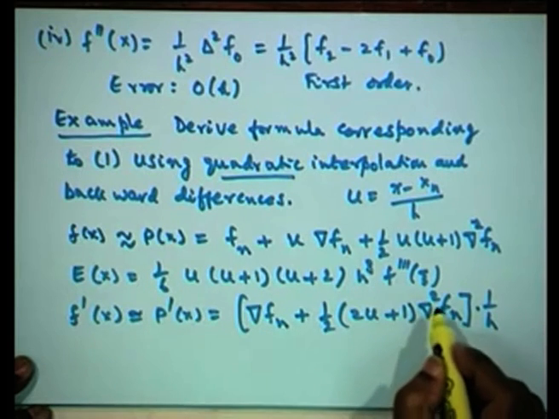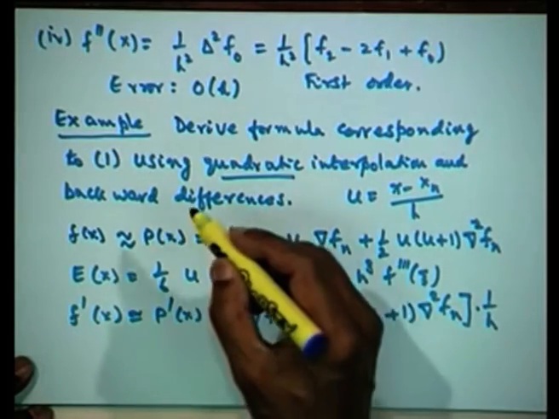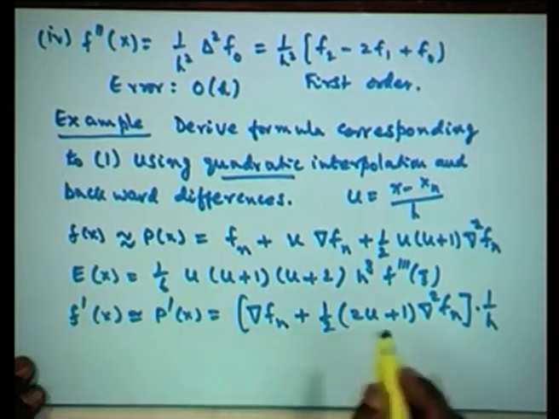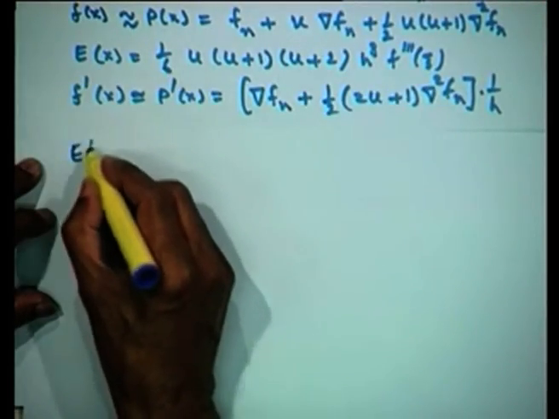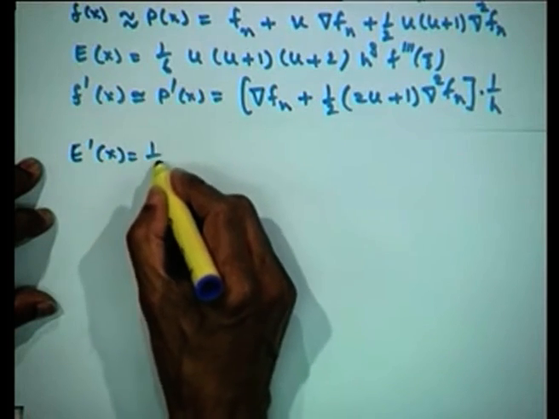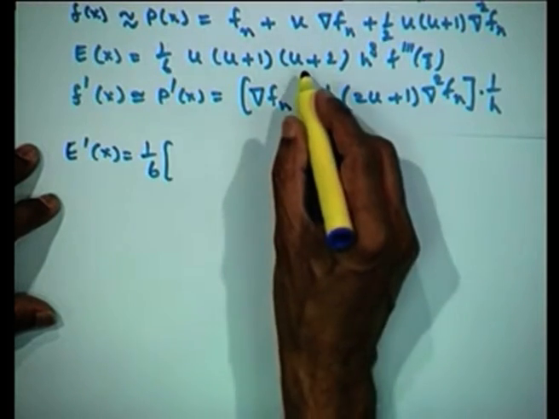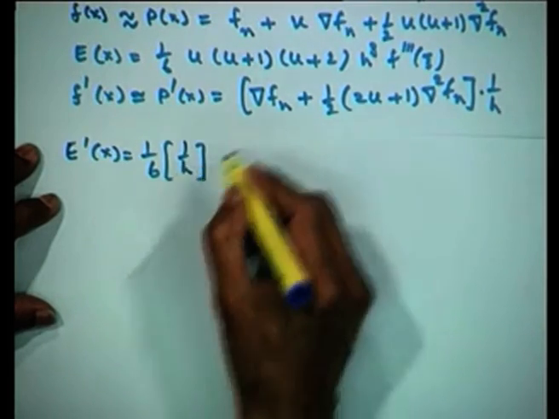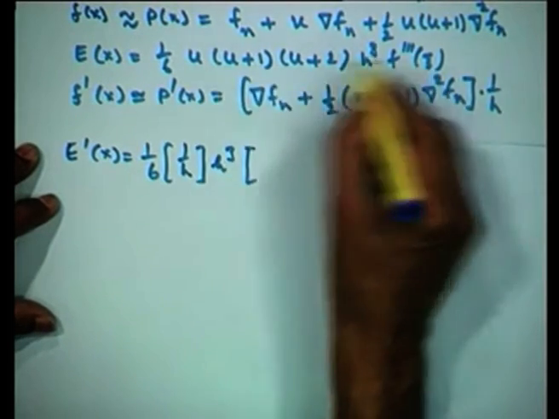Even though this formula would get simplified if I take the nodal points, that is either x n or x n minus 1 or x n minus 2, I can find formulas at the nodal points. Now, what will be the error at this point? I can differentiate this error: error at x is 1 upon 6, differentiating with respect to u and then 1 upon h. So, let us write down 1 upon h first, that is du by dx, and h cubed also, then I differentiate this as a product.